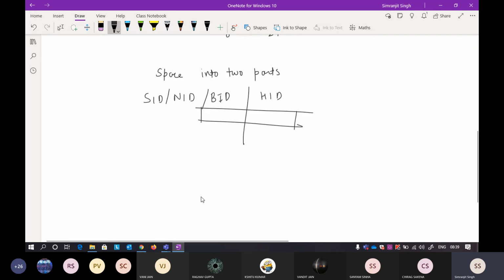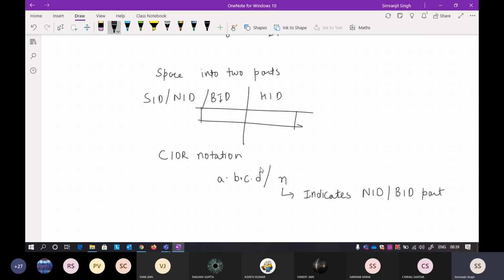So what exactly will the CIDR notation be? If I want to denote a particular IP address, it will be in dotted decimal notation, a.b.c.d, and there is something new here: slash n. This slash n indicates the network ID part, or block ID part.